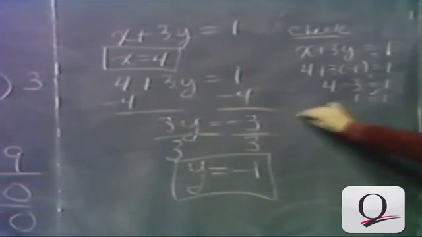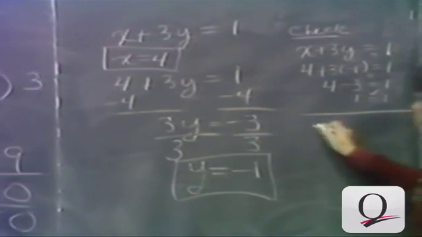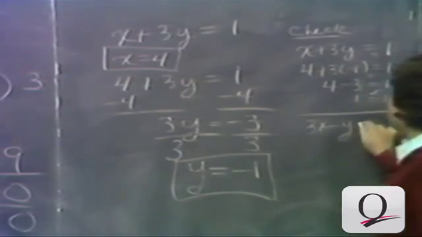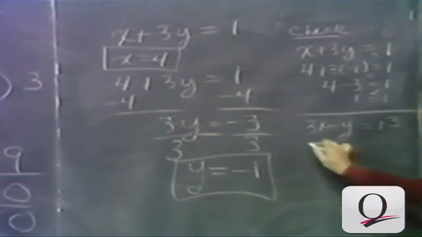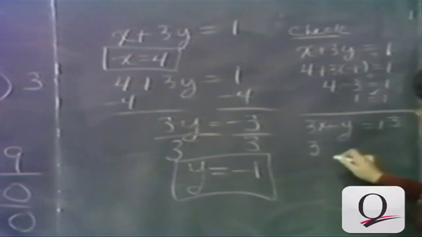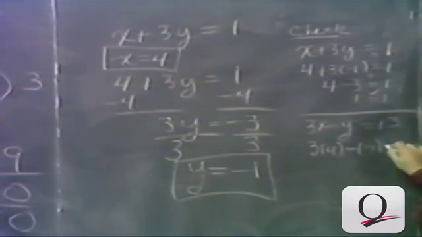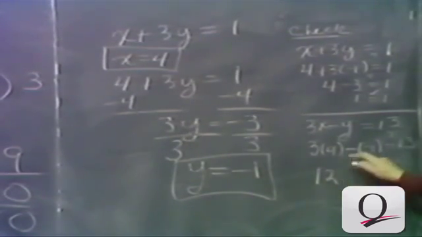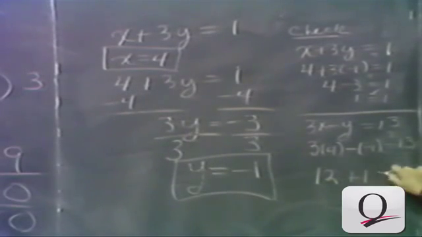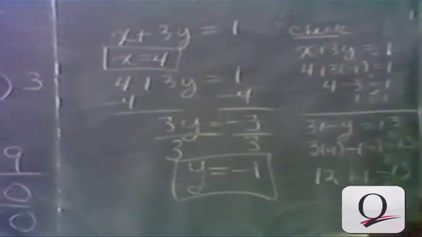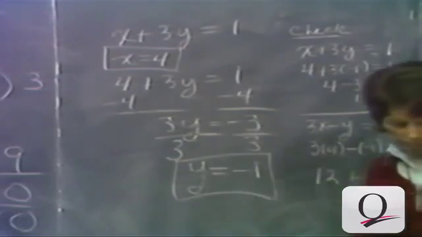And checking also in the second equation, 3x minus y equals 13. 3 times x, 3 times 4, minus a minus 1 should be equal to 13. 12 minus a minus 1, that's 12 plus 1, should be equal to 13. And of course it checks out. So we have found the solution x equals 4, y equals minus 1 for this system of equations.